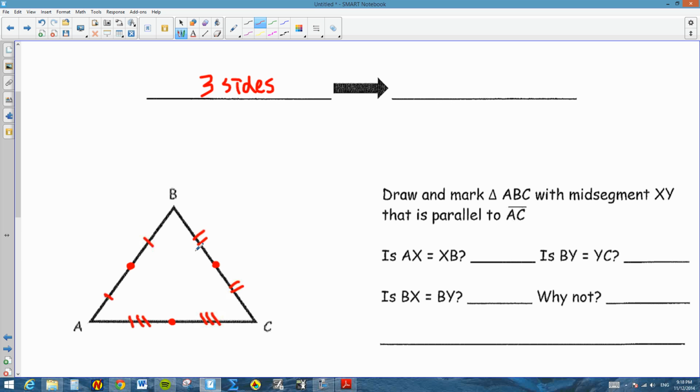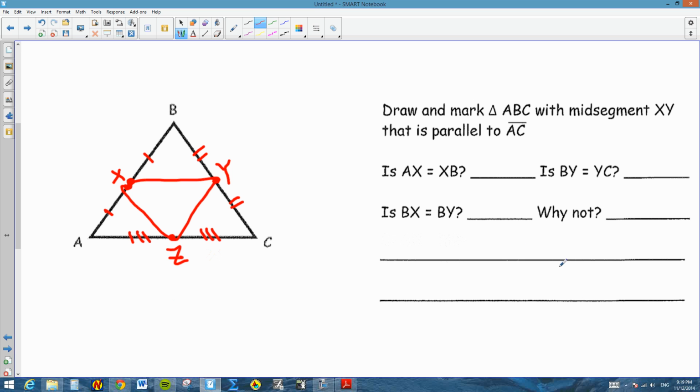So 3 midpoints, let's label them X, Y, and Z. If we have 3 sides, we connect all 3 midpoints together, which gives us 3 mid-segments. Okay, so in one triangle you have 3 mid-segments.